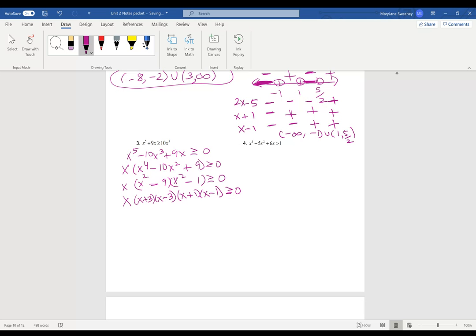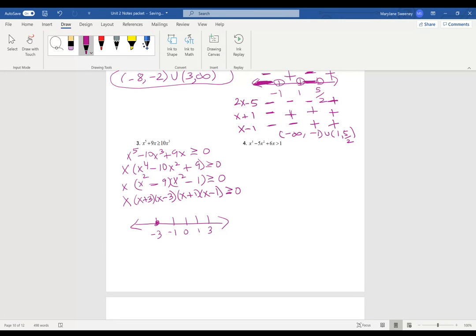And then we're going to do our number line. Okay, so I want to think of what makes all of these equal to 0. Like if I set x equal to 0, it'd be x equals 0. If I set x plus 3 equal to 0, x minus 3 equal to 0, x plus 1 equal to 0, x minus 1 equal to 0, and so on, I'd have -3, -1, 0, 1, and 3 on my number line.